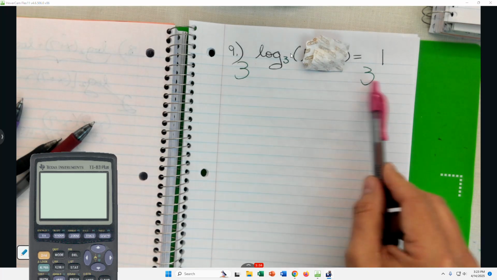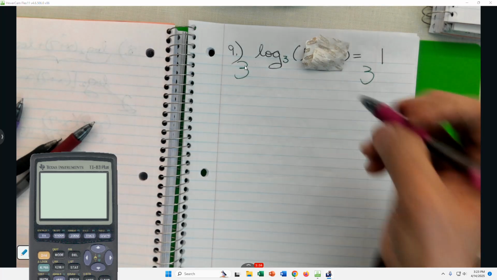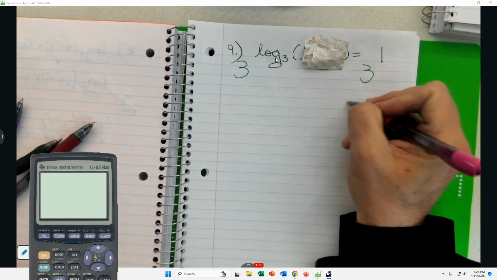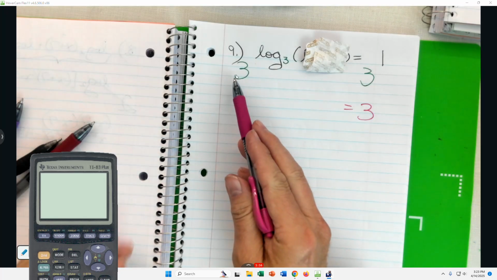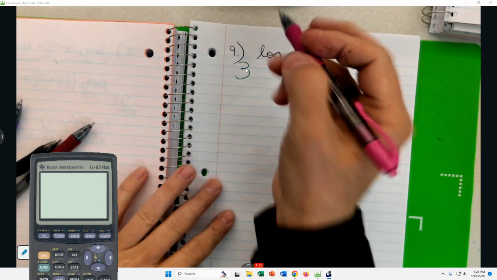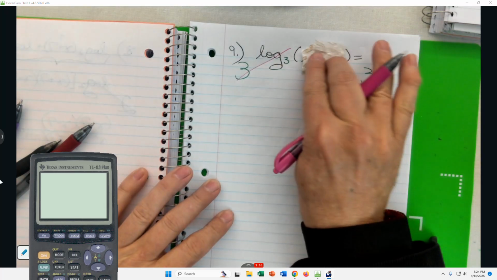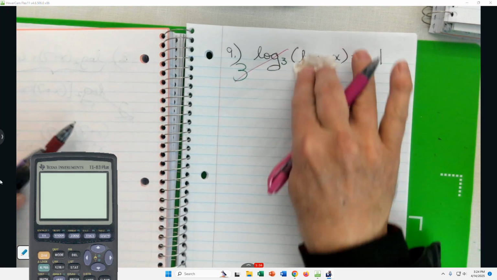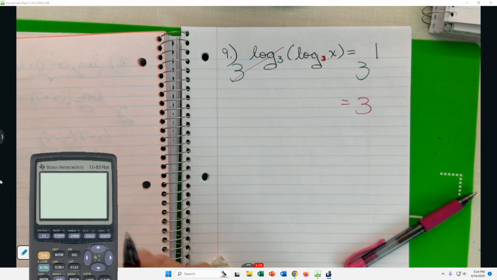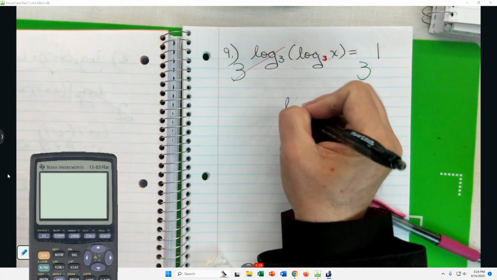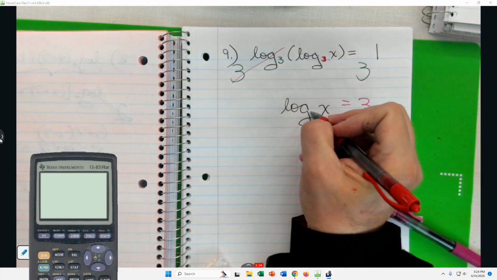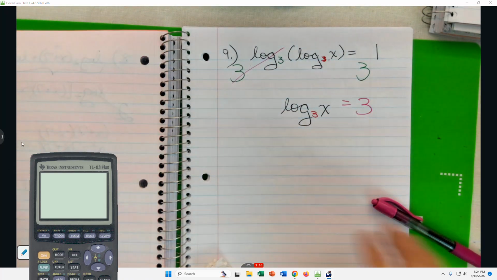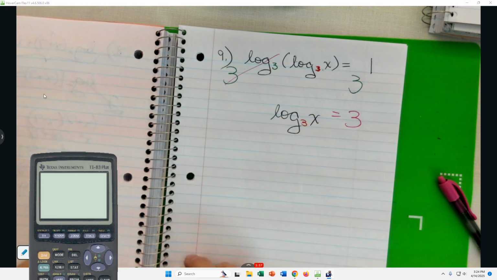We put the 3 in the 3. 3 to the first power. I know what that is. It's just 3. What's going to happen here? It cancels out, and at that point, this stuff here comes into play. It floats down or drops down to be a log base 3 of x equals 3.